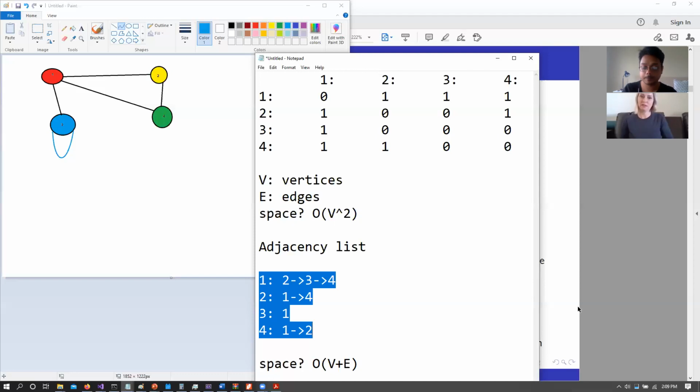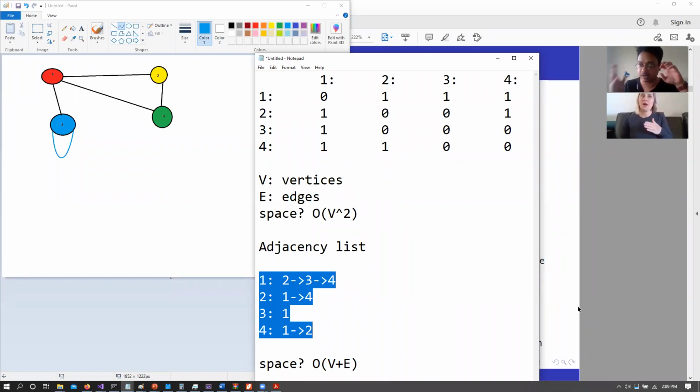The adjacency list is important because we can have very sparse adjacency matrices, such as Facebook with your friends and stuff. Exactly. So that is the decision that you would make when you're coding something. Are my vertices too small?